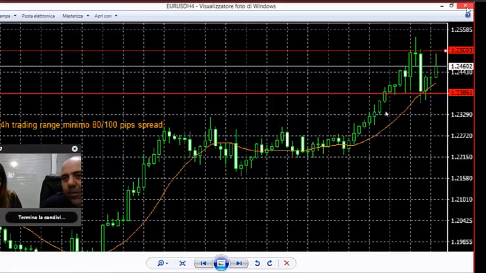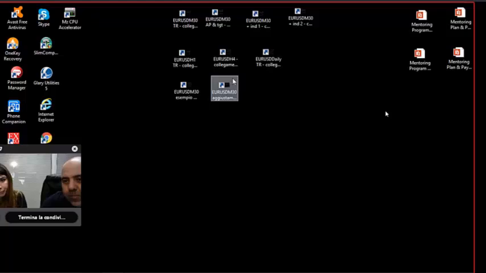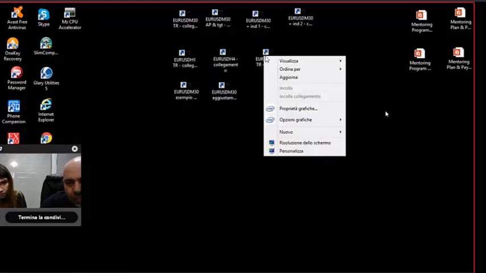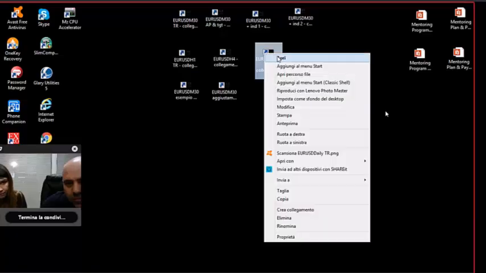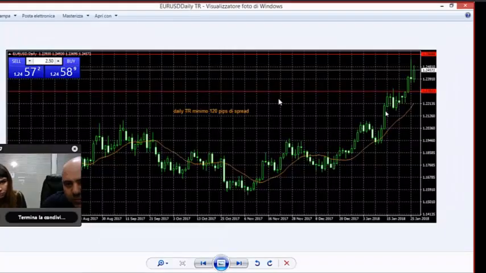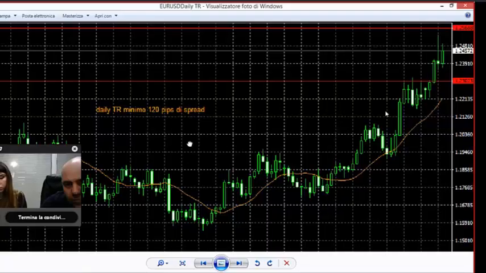There is another important reason to check as well the euro dollar on daily. Daily trading range, minimum 120 pips of spread.